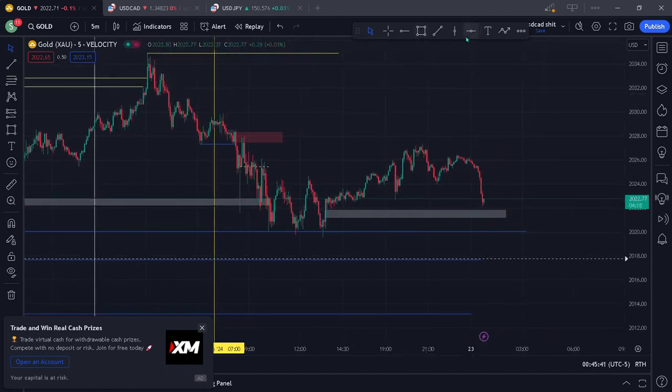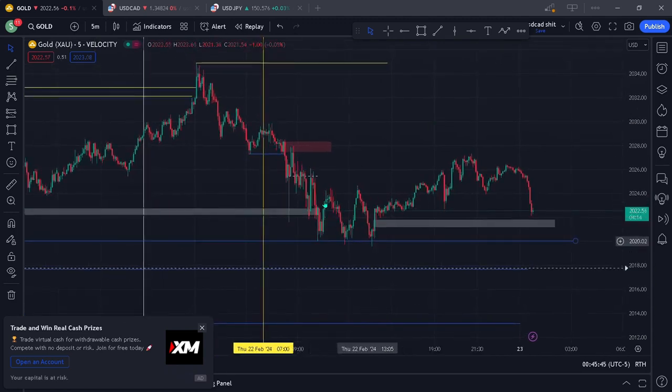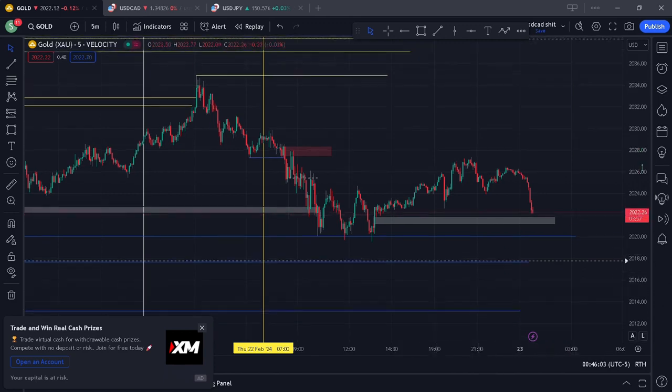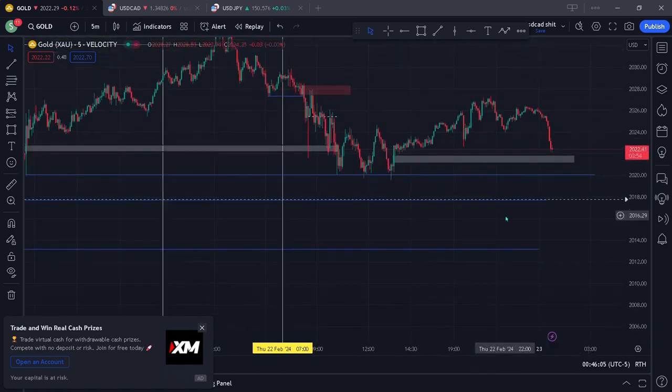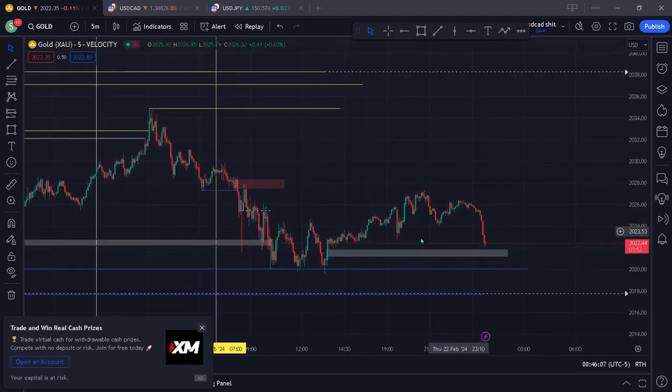So right now, what would I want to see right there? Well, price has swept the lower side, but at the same time, it is also Friday. So most likely either we continue going down to attack more sell side because it is Friday, or price tries and attacks these highs here.